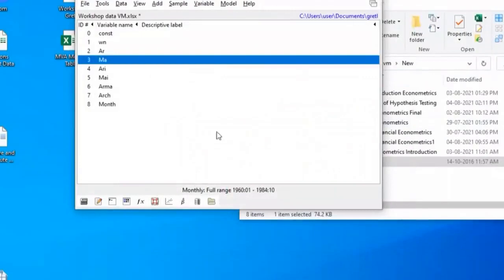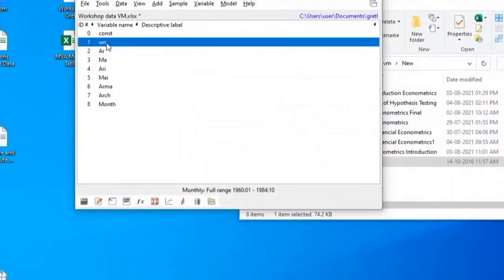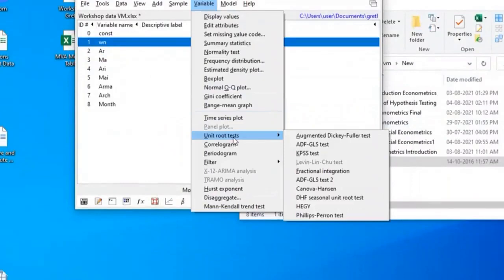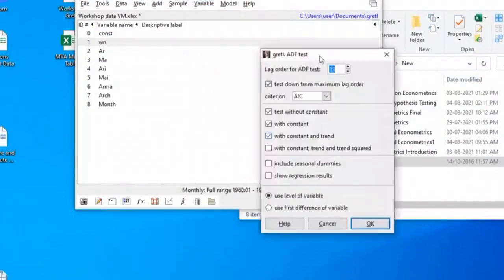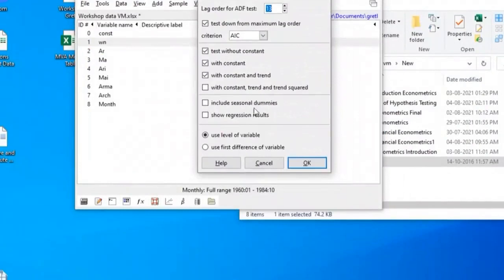Right. Now let us start with the first one that we identified as white noise. Go to the variable, and here we have the unit root test. We have the augmented Dickey-Fuller test. Usually this is the one that most of the econometricians prefer. So we click this one. Then, as I told you earlier, we have a number of different specifications.